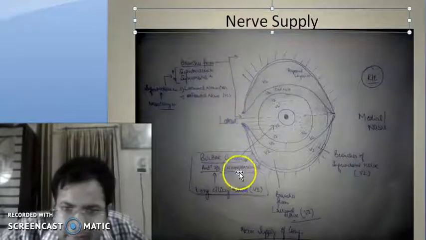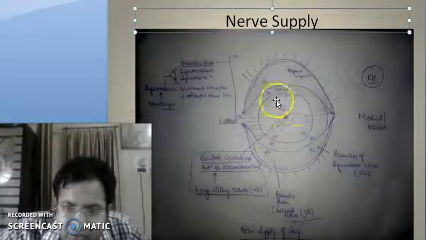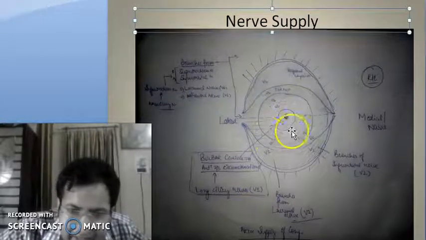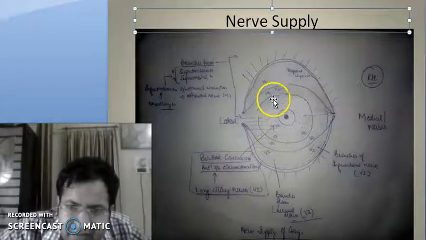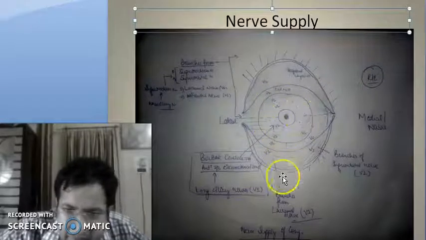trigeminal nerve. The anterior two-thirds circumcorneal zone of the bulbar conjunctiva is supplied by the long ciliary nerve, which is a sub-branch of the first division of the trigeminal nerve.